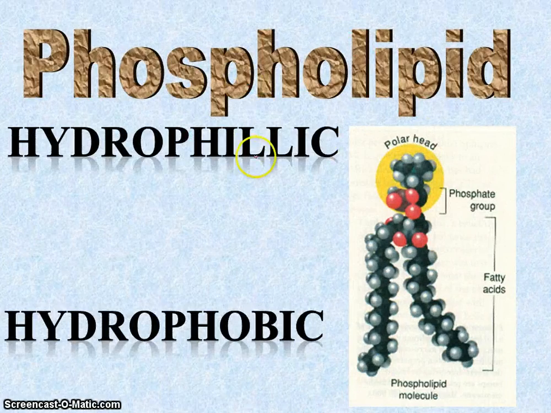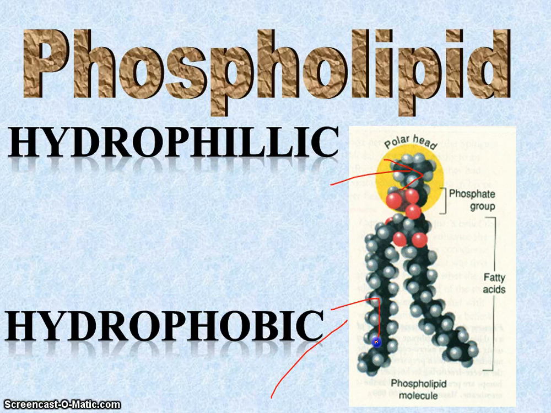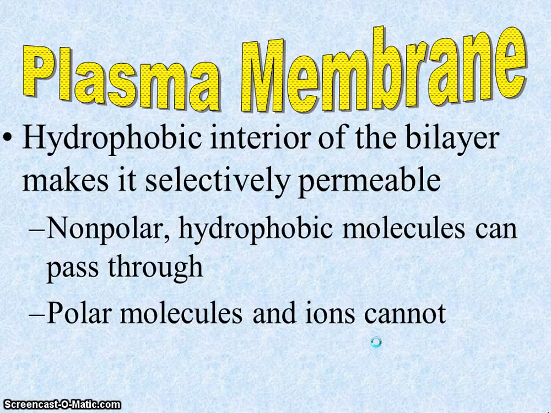Okay, just again showing you we have a hydrophilic end, and we have the hydrophobic end that does not like water. Okay, so it is selectively permeable, and we'll talk about this when we talk about the cell transports, but we are going to determine what can enter and leave the cell.